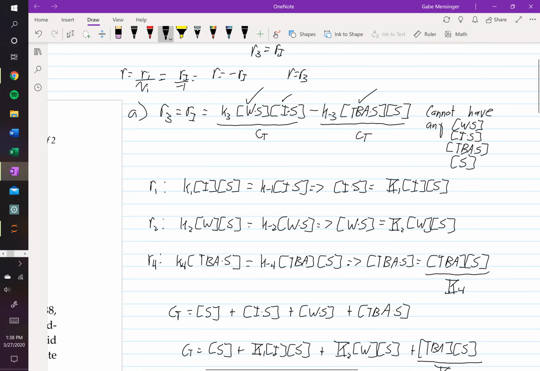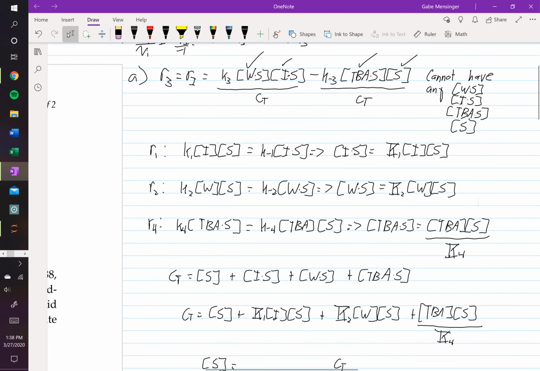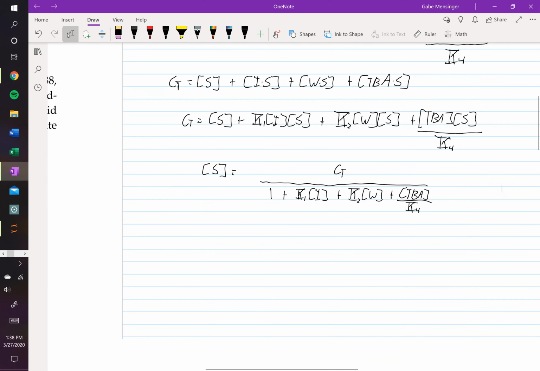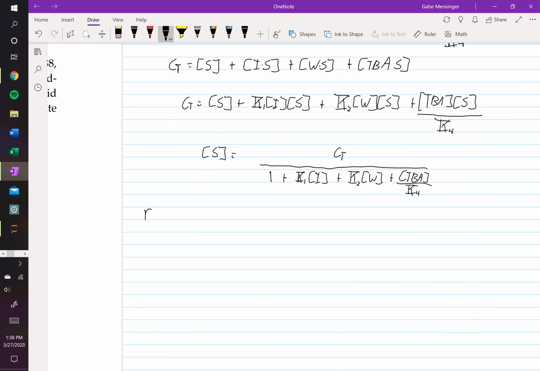So that covers all of the concentrations that we can't ultimately leave in our rate expression. So going forward and plugging everything in, this is going to be a lot.